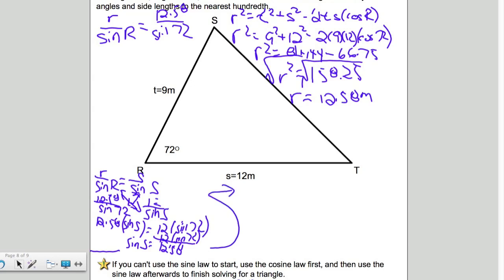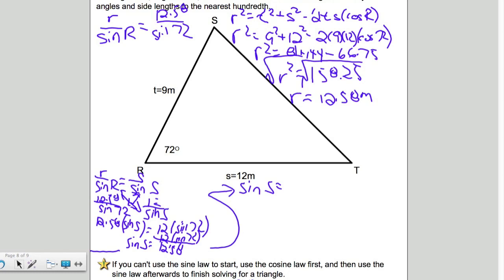So we take this 12 times the sine of 72 divided by 12.58. What's the answer there?